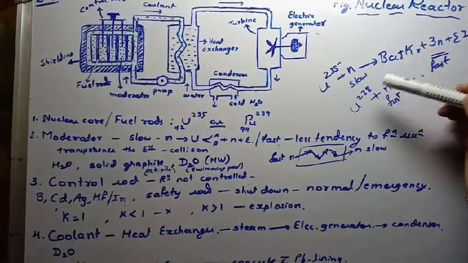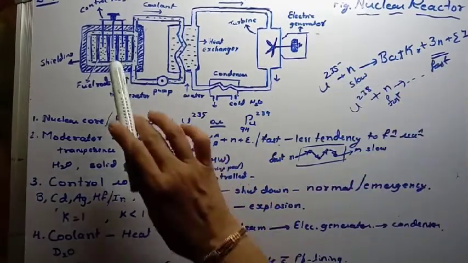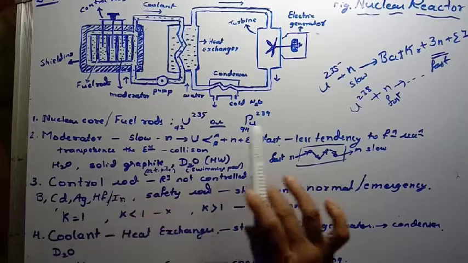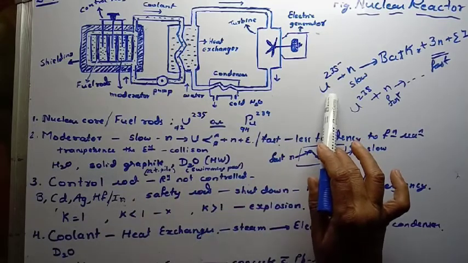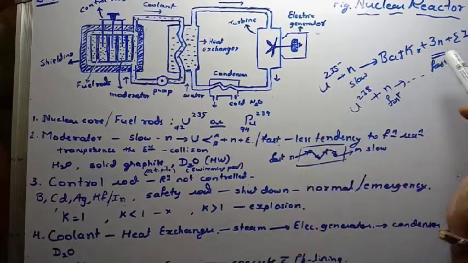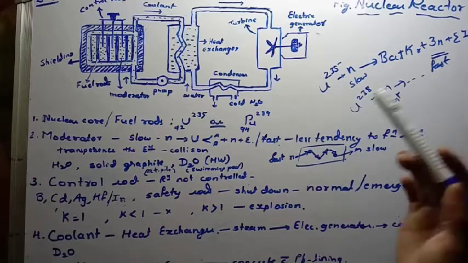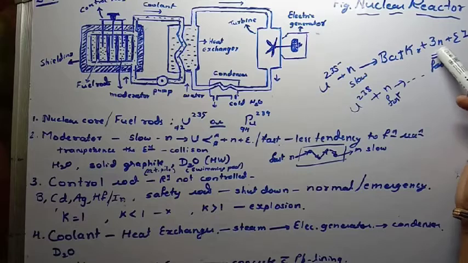Now, it will be made in the form of rods, and when one uranium-235 undergoes fission, it produces three neutrons with liberation of energy. Such liberated neutrons are highly energetic and very fast moving.